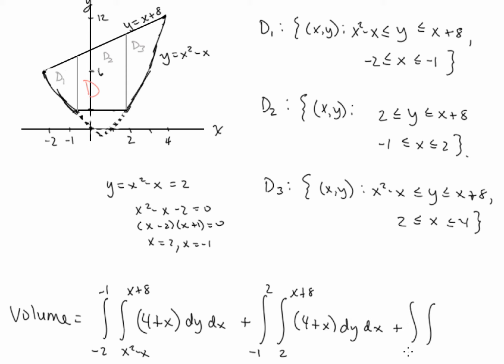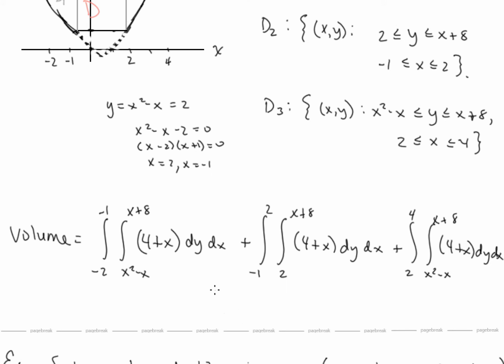And for D3, x going from 2 to 4, y going from x squared minus x to x plus 8, again 4 plus x, dy dx. And we would compute these integrals. In the interest of time, I'm going to move on to another example.